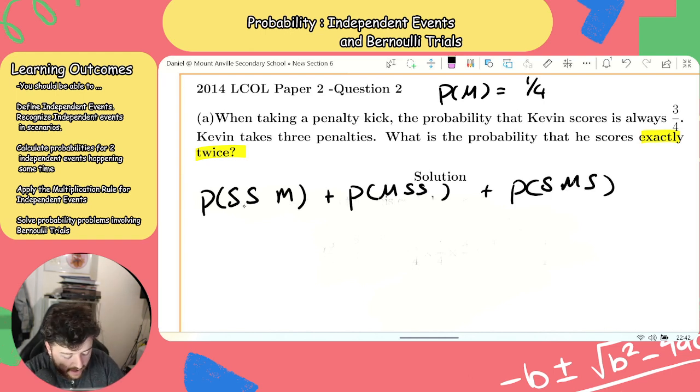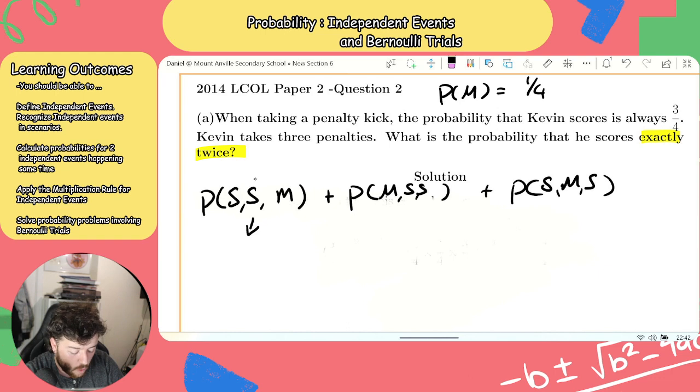Now I want to find the probability of scoring, scoring, missing, or missing, scoring, scoring, or scoring, missing, scoring. In this case, they are independent events. His probability of scoring is always 3/4. That will never change, no matter how often he misses.